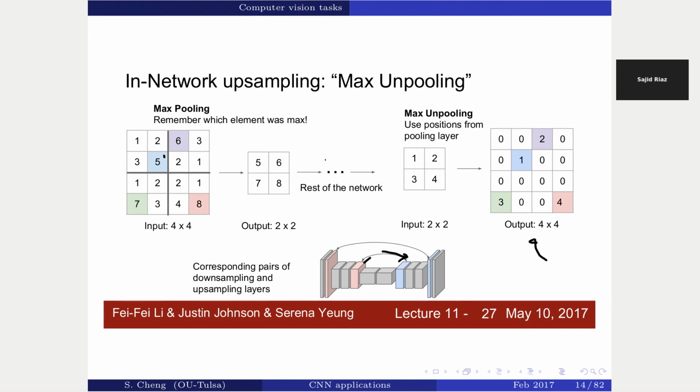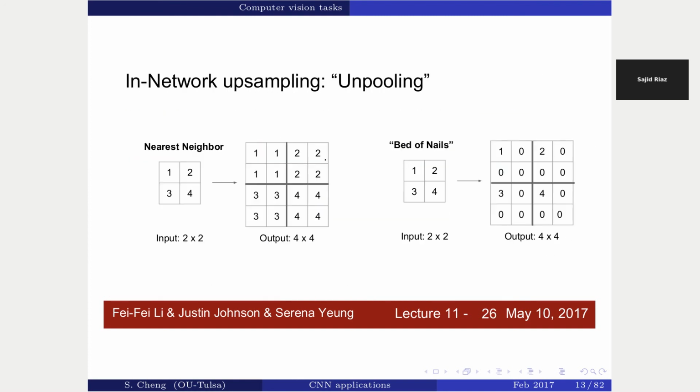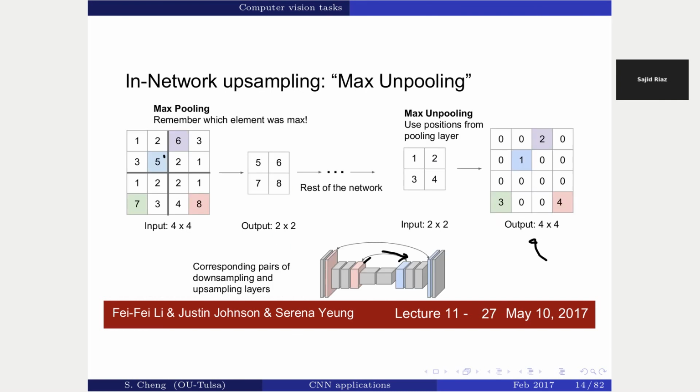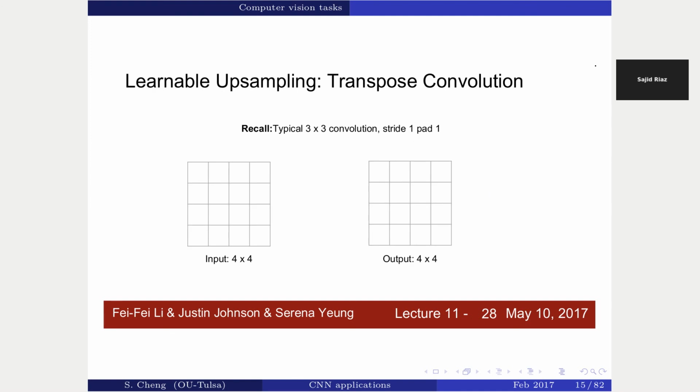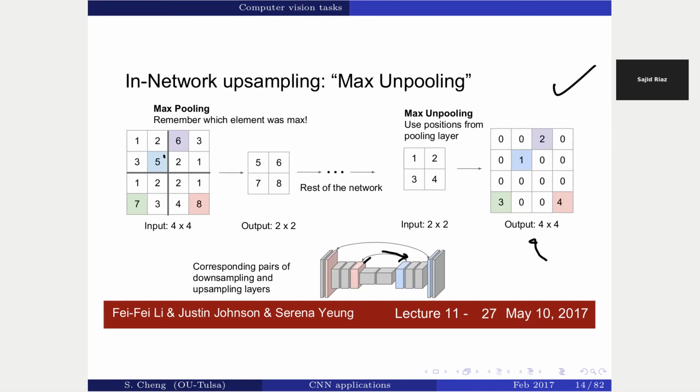I'm also not sure whether they did a comparison of this with, say, this; I assume that this would be better. And this is for pooling, right? If I downsample with pooling like this, then of course this is an exact opposite operation of this one, so it kind of makes sense.